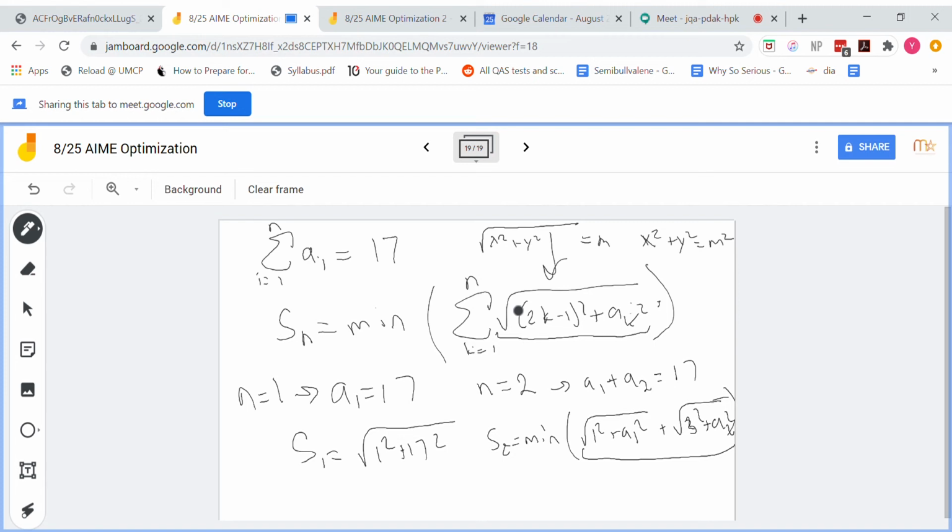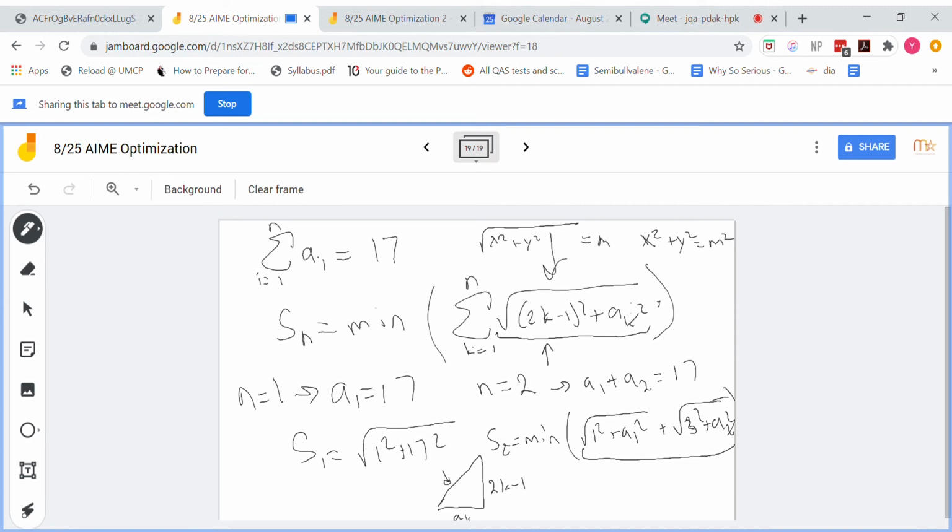So this is the length of the hypotenuse of a triangle with legs of length a sub k and length 2k minus 1. Correct? This is the hypotenuse of this triangle.